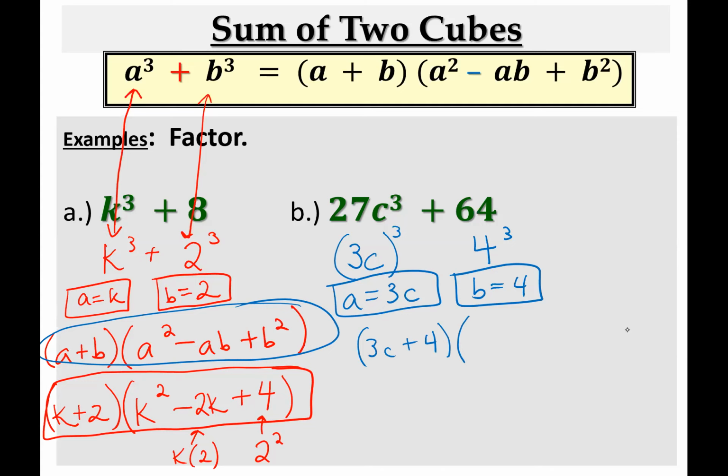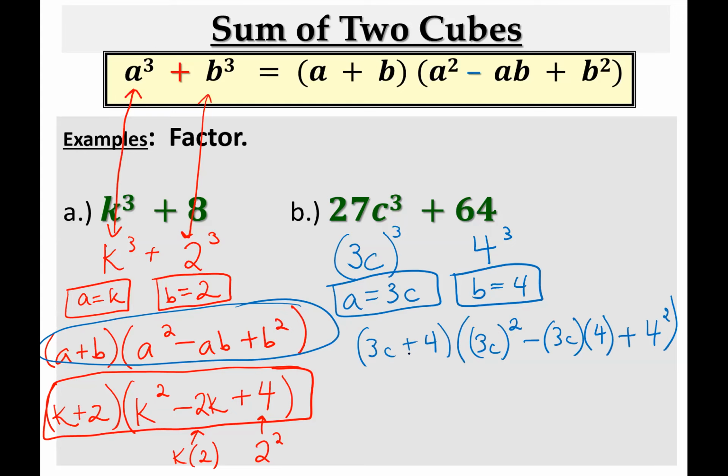What I'm writing right now is not going to be the final answer. Instead of writing a squared, I'm going to write 3c in parentheses squared minus. Instead of a times b, I will write in parentheses 3c times 4. And then finally, plus sign, b squared, that's equal to 4 squared.